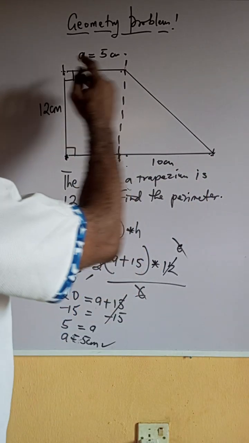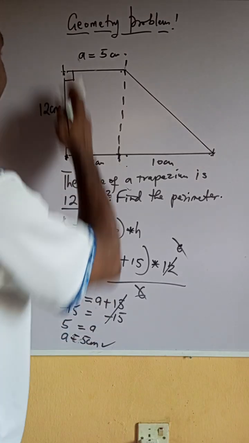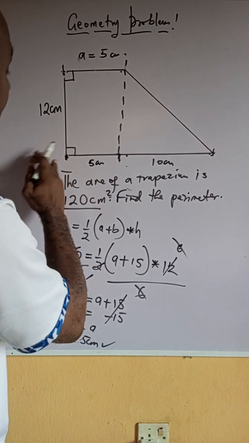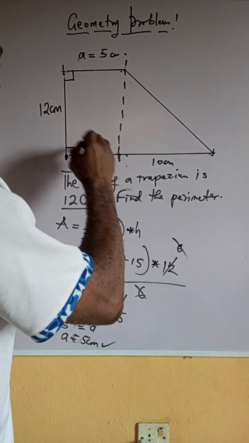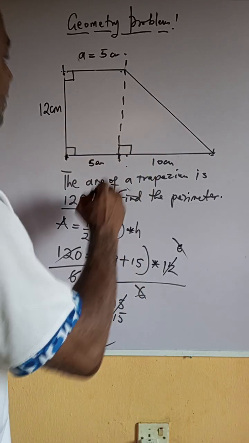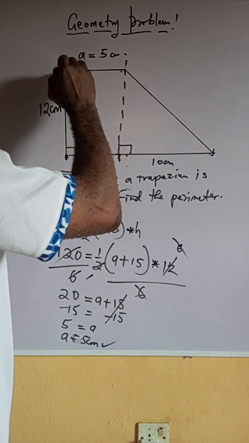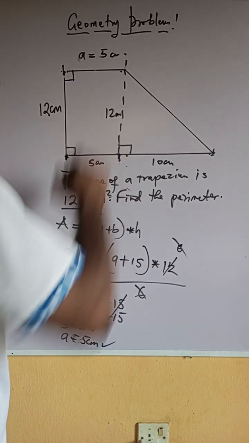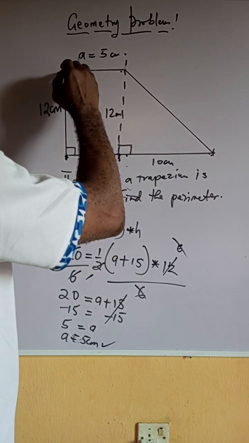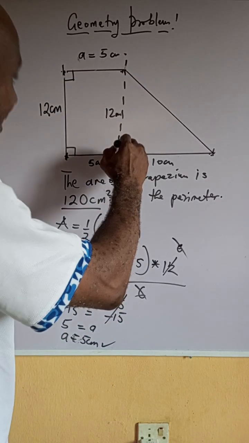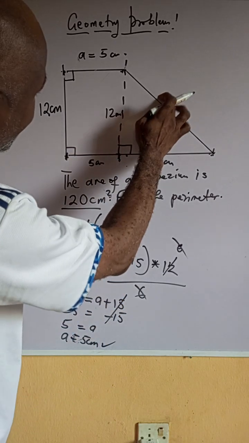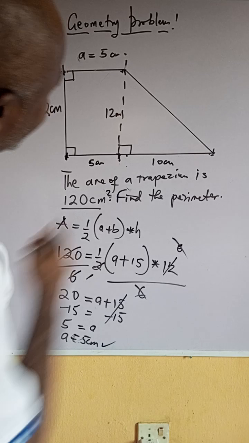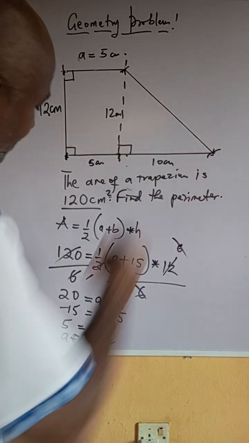Next, we also know that this is a right angle. This perpendicular makes a right angle with this horizontal. So here is also a right angle. This length is equal to this length, 12 cm. So it becomes very easy for us now to determine this distance from this point to this point.